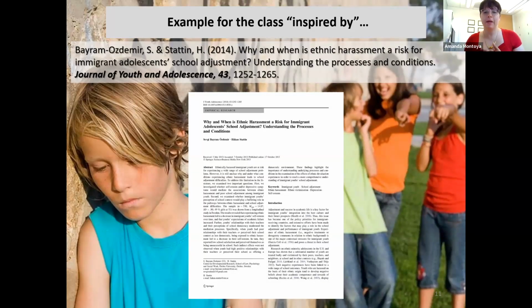And this paper, as you may be able to tell from the title, included mediation analysis and moderation analysis in understanding processes and conditions. We're going to start with this example in a linear regression context, but then we will expand it out into a mediation.